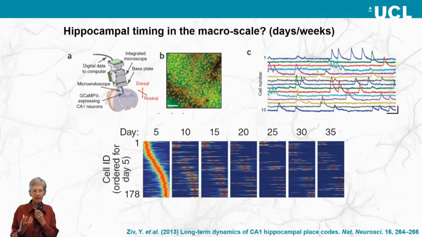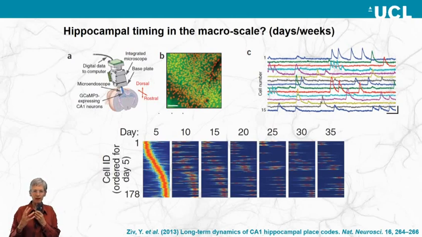It's been suggested that this might be a mechanism for comparing the temporal proximity of memories. If something happens and then another thing happens, and those two events are close in time, then the associated place cell population will be very similar.